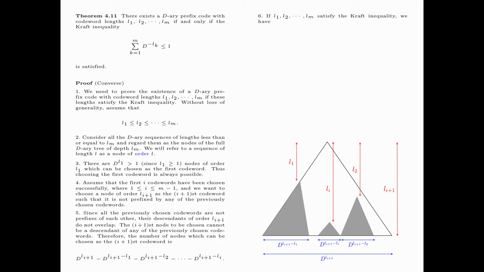If L1, L2 up to Lm satisfy the Kraft inequality, we have the summation k equals 1 up to m of d to the power minus Lk is less than or equal to 1. Therefore, the first i+1 terms in the summation is also less than or equal to 1. That is, d to the power minus L1 plus all the way to d to the power minus Li plus d to the power minus L_{i+1} is less than or equal to 1.